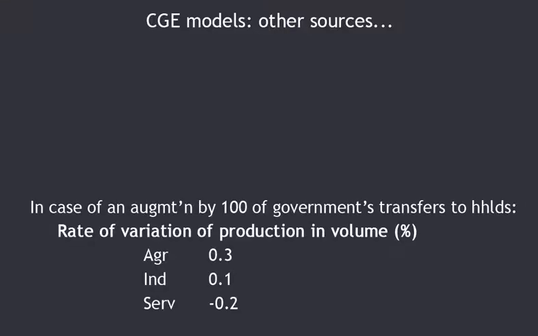If there is an increase by 100 in transfers from the state to households, production increases by 0.3% in agriculture, 0.1% in industry, and drops by 0.2% in services. So the two shocks are distinguished by the negative impact on industry for the shock on remittances and the negative impact on services for the shock on transfers from the state to households.